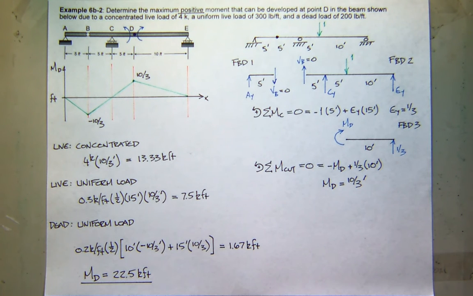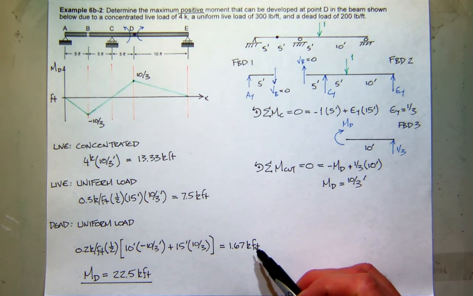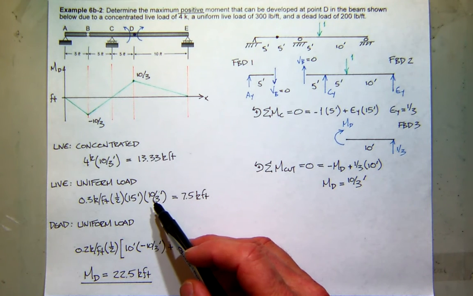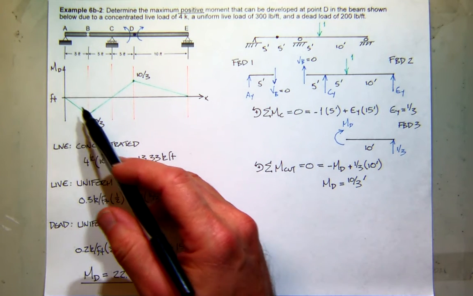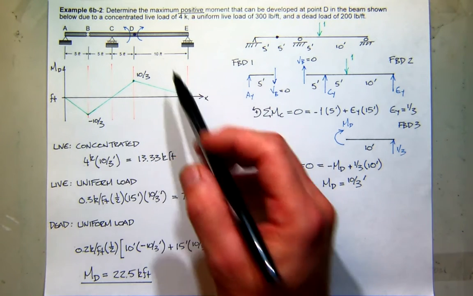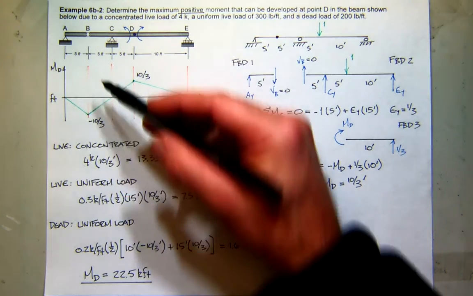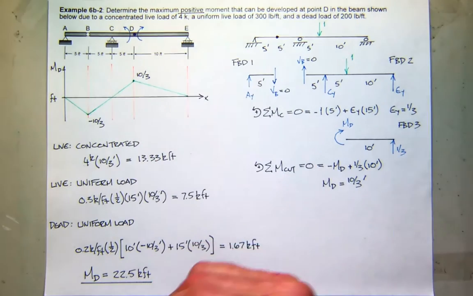What if I was looking for the maximum negative moment? What would change? Would this value change? No, the dead load would not change, but this value would change. I would find the area under this part of the curve to give me a negative value, and I'd also move my point load to also be over the point. So a different loading scenario.